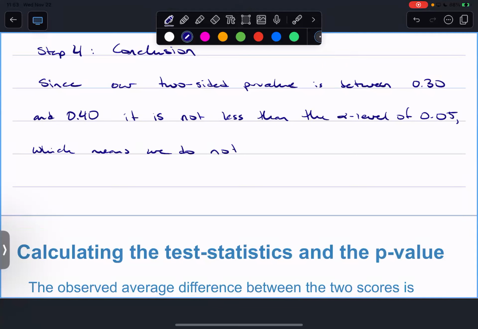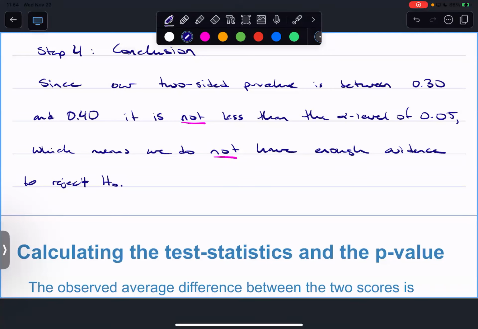Which means we do not. So notice how I use the not and the not. If it's less than, we do have enough evidence to reject H naught, or if it's not less than, then we do not have enough evidence to reject H naught. We do not have enough evidence to reject H naught.